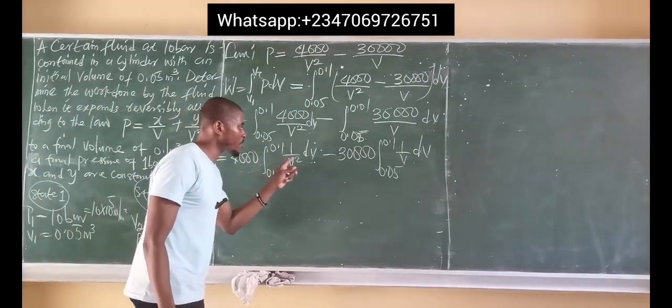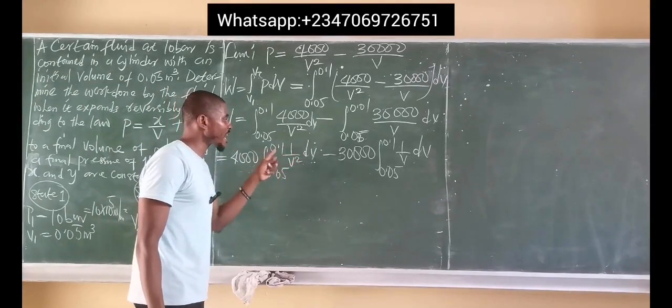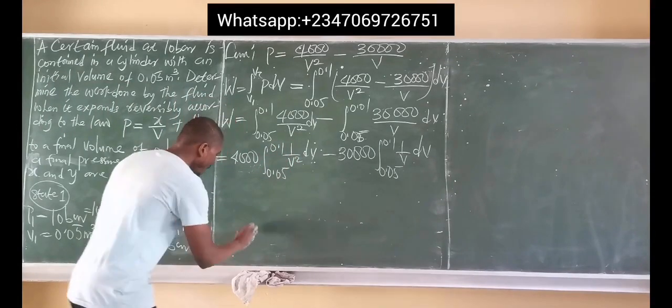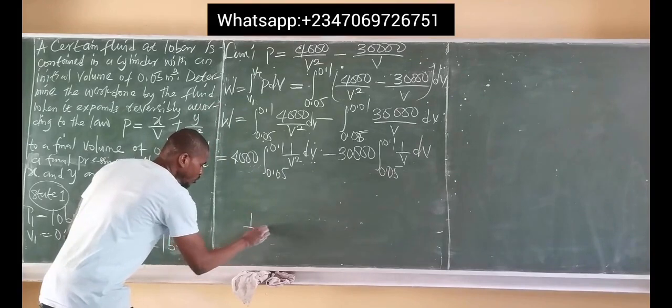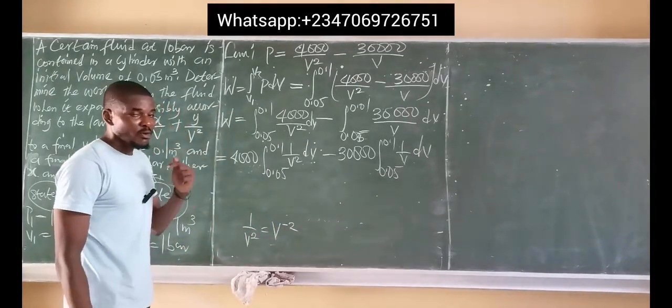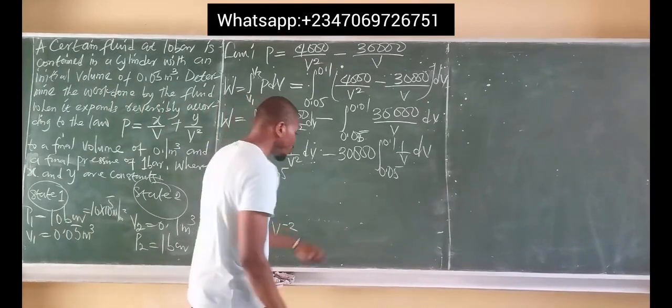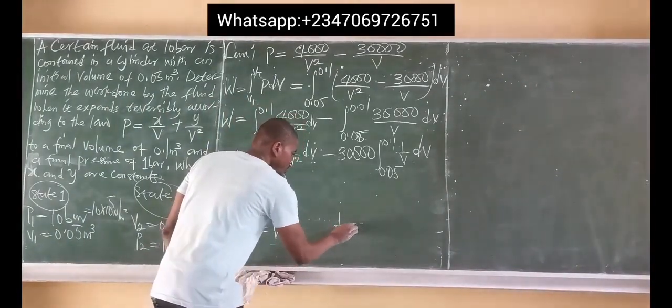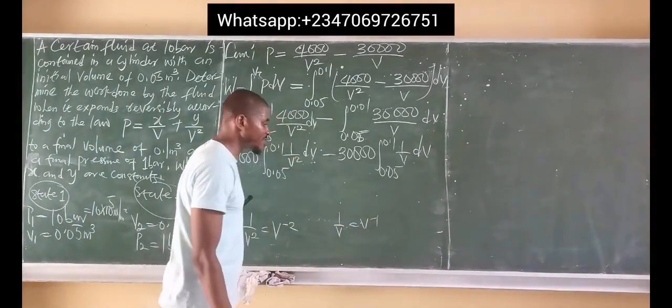All right, so not forgetting 1 all over v squared. Since v here is to the power of 2, it means we can write this by indices. 1 all over v squared automatically becomes v to the power of minus 2. But keep this in mind, please. Do not go and write 1 all over v to be equal to v to the power of minus 1 while integrating.